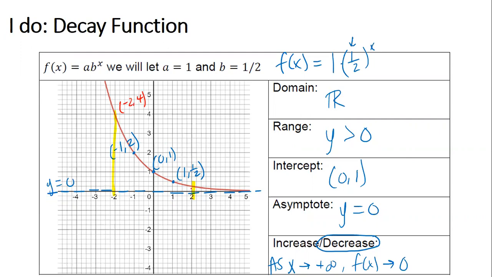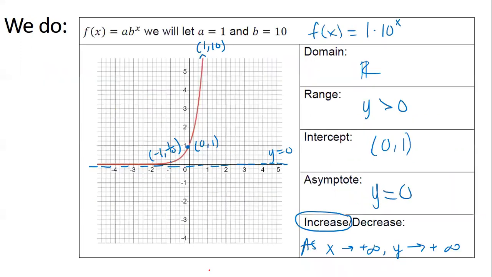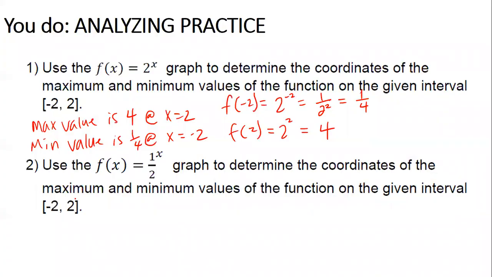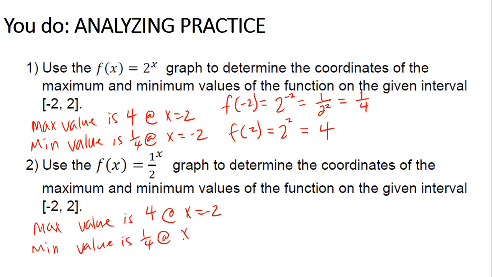At +2, I'm at 1/4. So here we have our max value is 4 at x equals -2. Our min value is 1/4 at x equals +2.